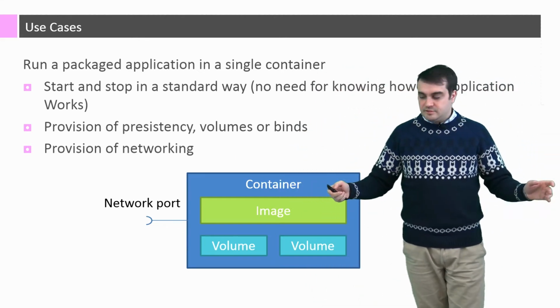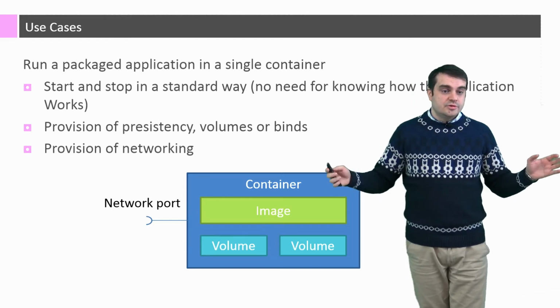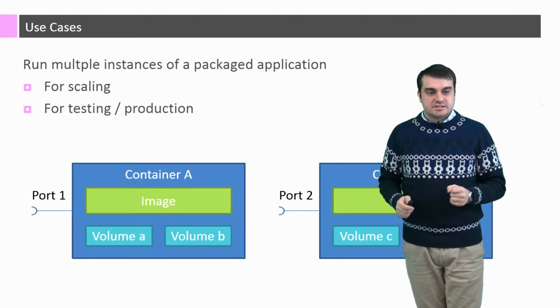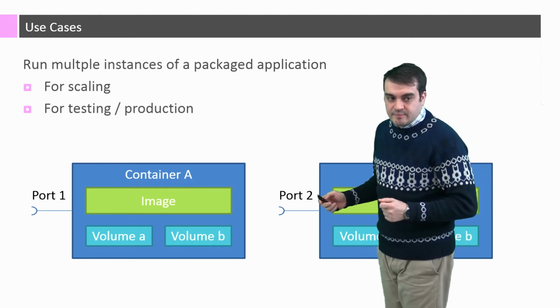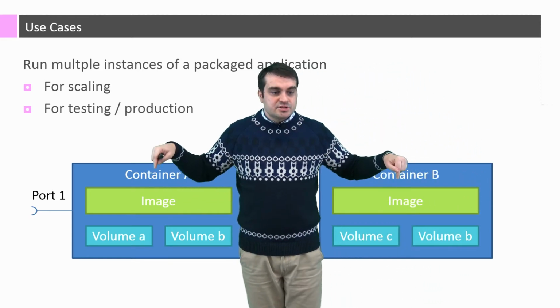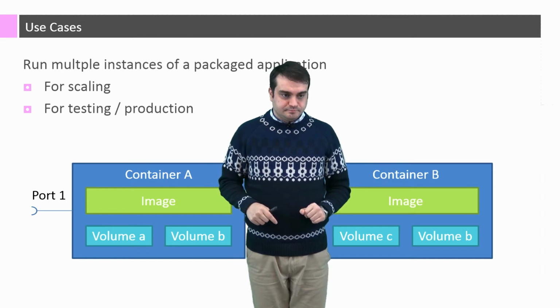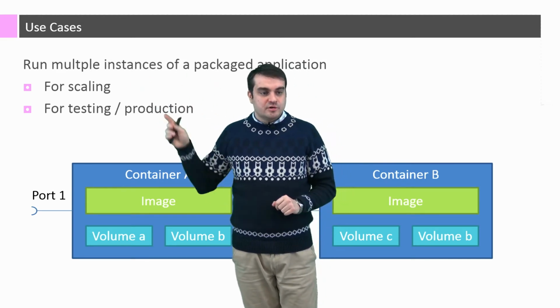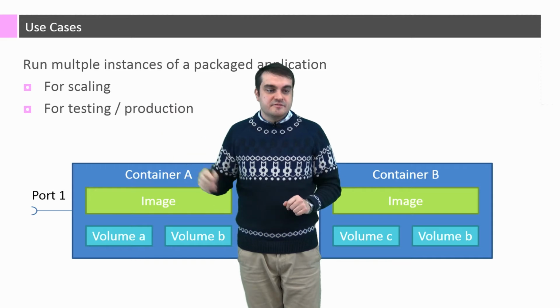So now that we know how to use and deploy a single application, let's say that we want to replicate this application. We have exactly the same application running twice. We might want this for scaling our usage or for having testing versus production.